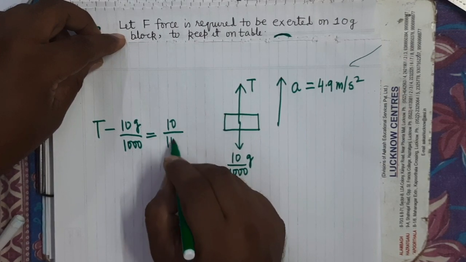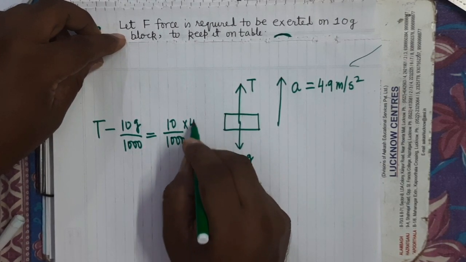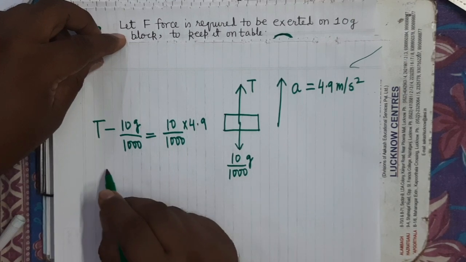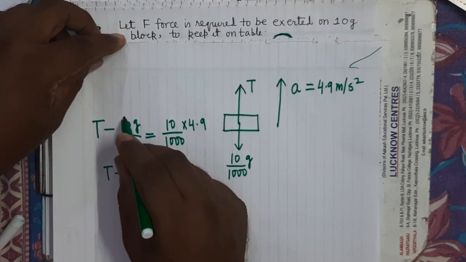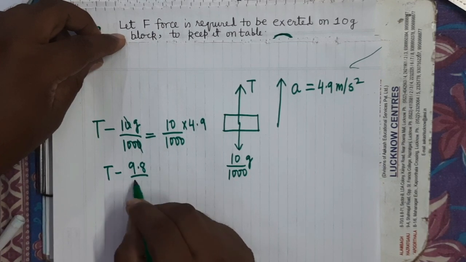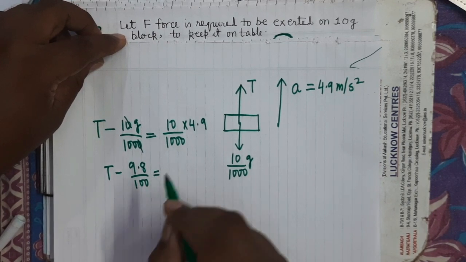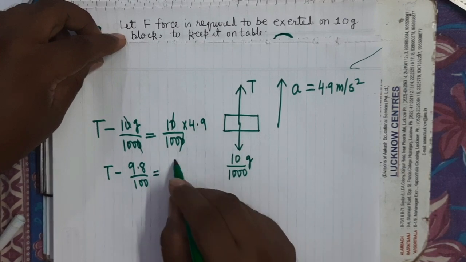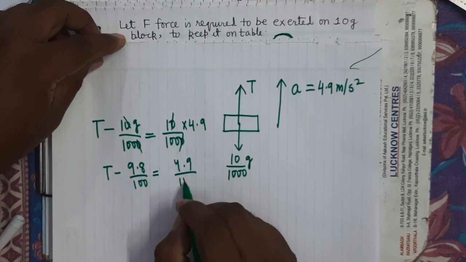Mass is 10 upon 1000. Acceleration is 4.9. So it will be T minus, this is cancelled, 9.8 upon 100 equals, this is cancelled, 4.9 upon 100.